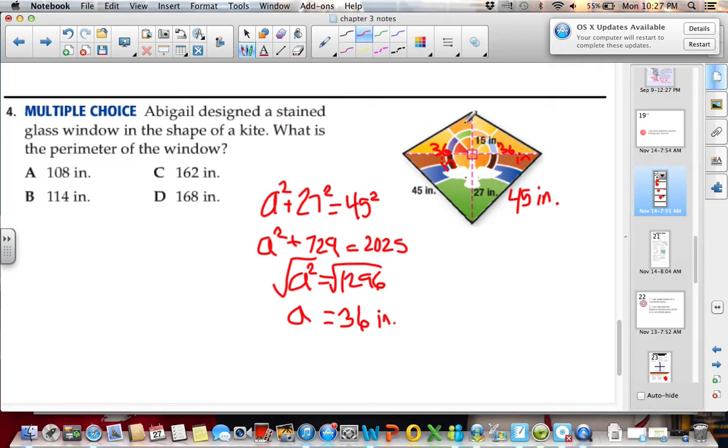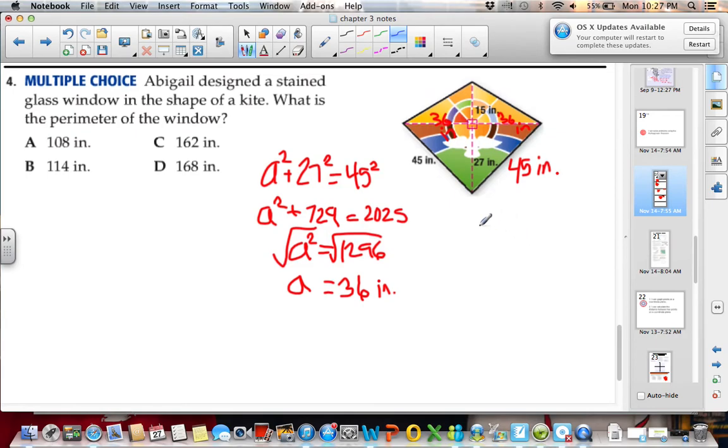Okay, so now we need to know the length of this side right here. So we're given 15 and 36, so pause me again and solve for this side right here. So you should have done 36 squared plus 15 squared equals c squared.